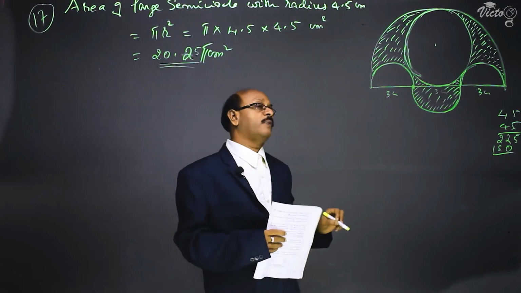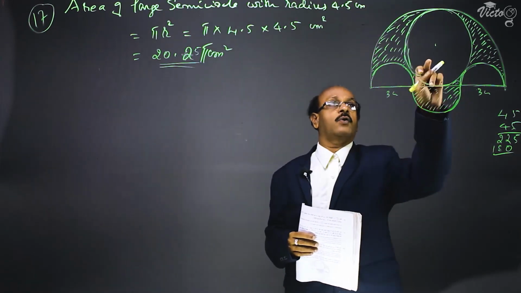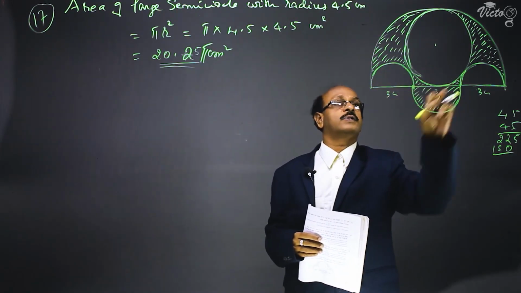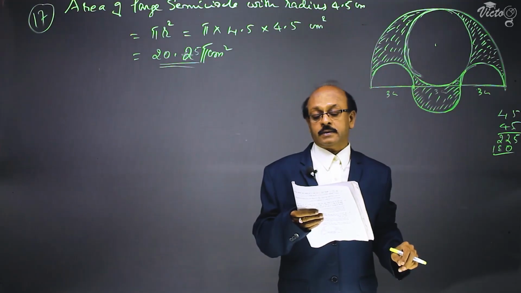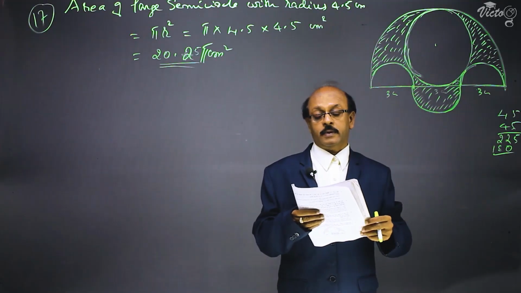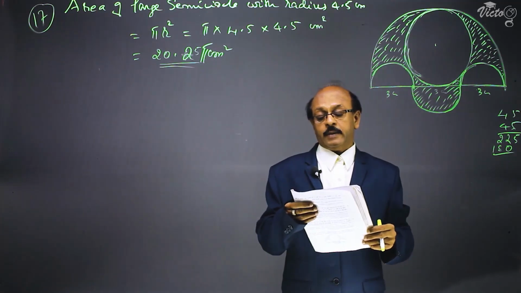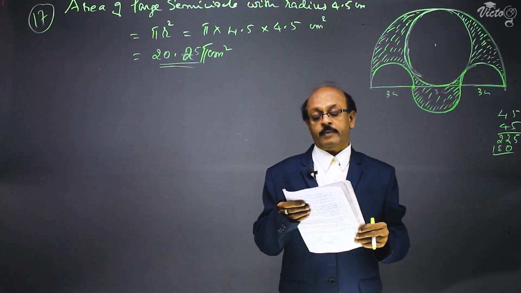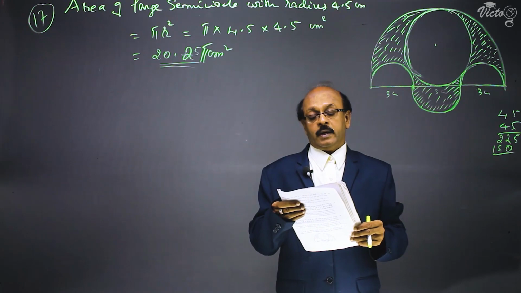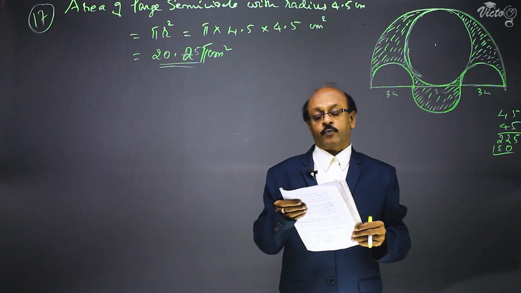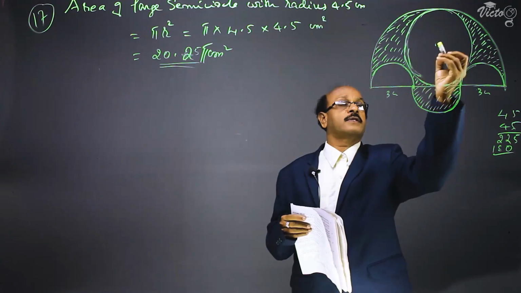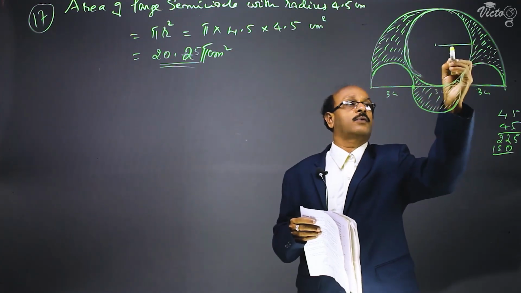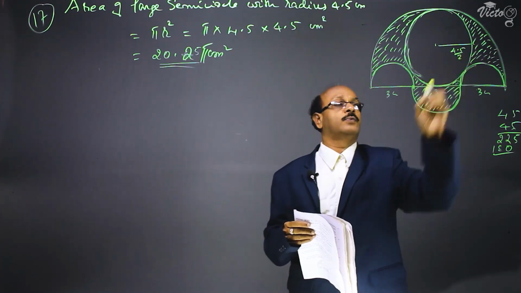Now from this we have to subtract the area of the circle and these two semicircles. Three semicircles each of diameter 3 centimeter, a circle of diameter 4.5 centimeter. Here the diameter is 4.5, therefore radius is equal to 4.5 by 2.